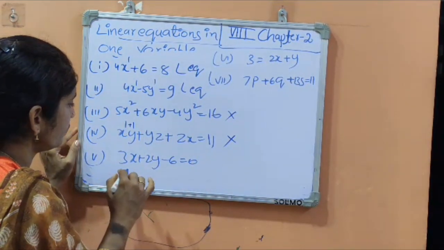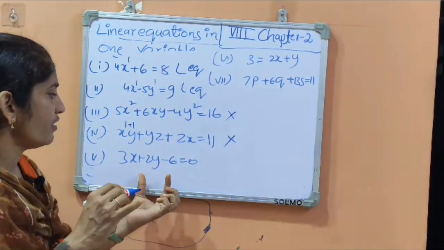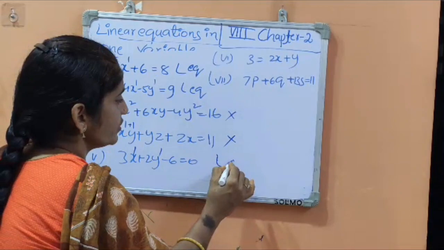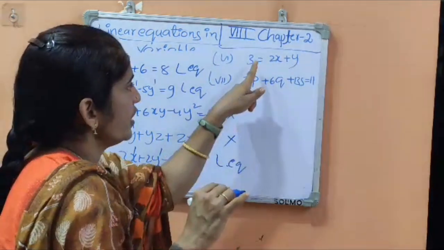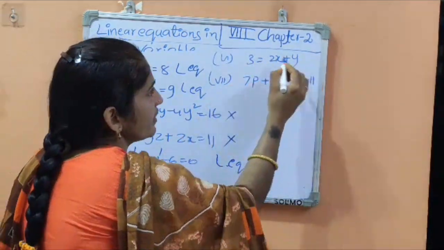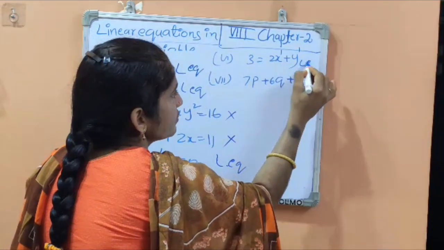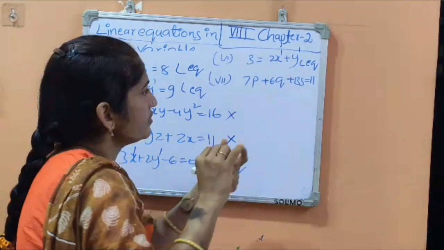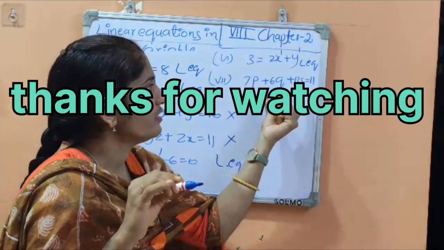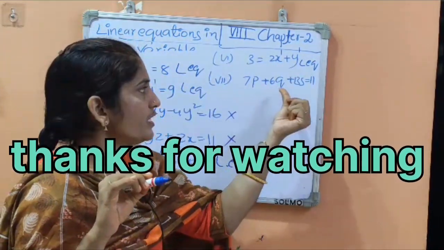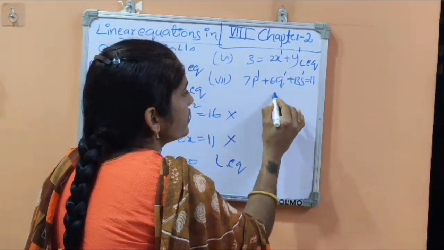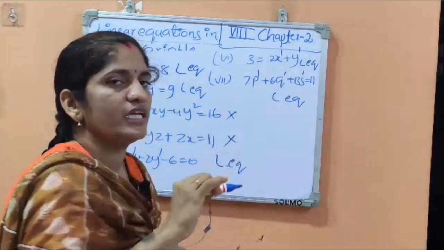In the fifth one, x and y have only degree 1, so it is a linear equation. In the sixth one, x and y have only degree 1, so it is also a linear equation. The seventh equation has 3 variables, p, q, s, each having only degree 1, so this is also a linear equation.